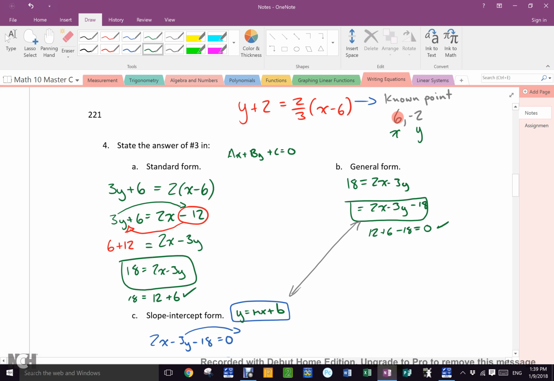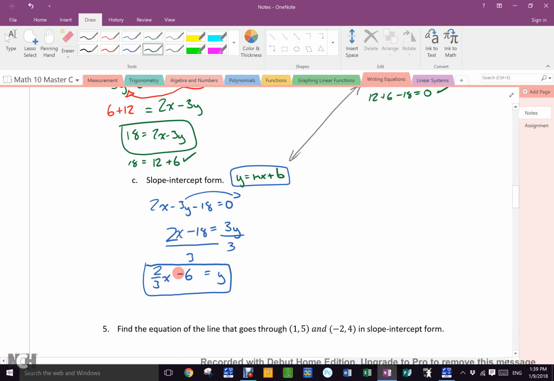X is 6. 2x, 12. Y is negative 2. Negative 3 times negative 2 is positive 6, right? 12 plus 6 is what? Yeah. 18. 18 minus 18 is what? 0. Just like this says it's going to be.